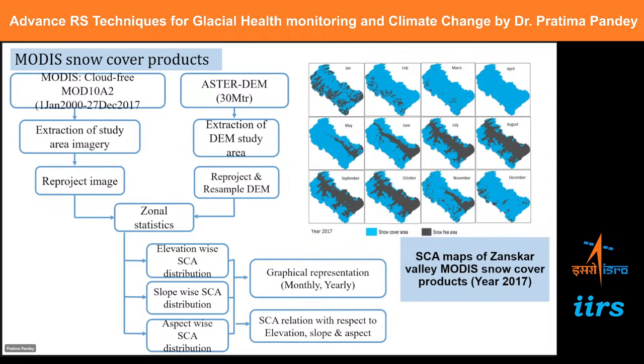So directly the snow cover product you can get from MODIS, and you can study the snow cover area analysis, for example like this. This is the snow cover for January, February to December. So this is an example which shows how the snow cover product from MODIS data, which uses NDSI in its algorithm, can be used for snow cover mapping and snow cover monitoring.